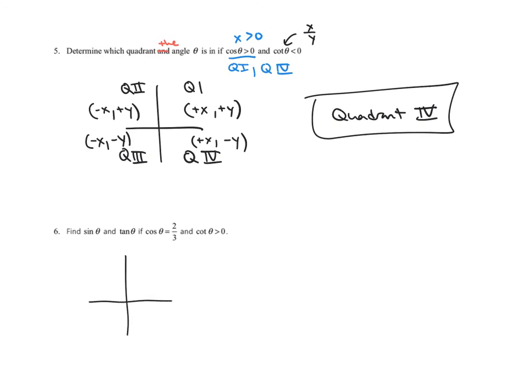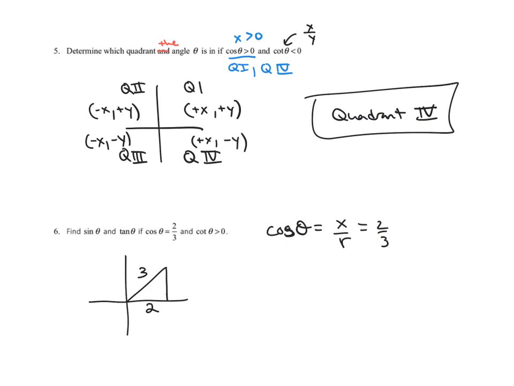So if we have an angle in quadrant 1, and remember cosine theta is x over r, so for the x, if that's equal to 2/3, we can make r 3, and x 2.